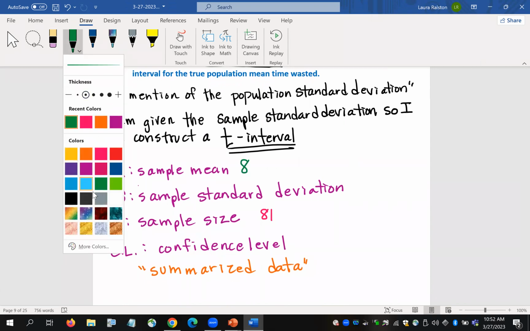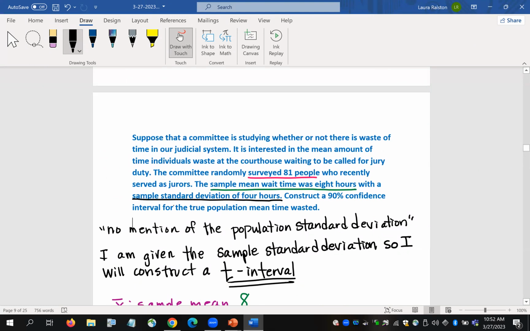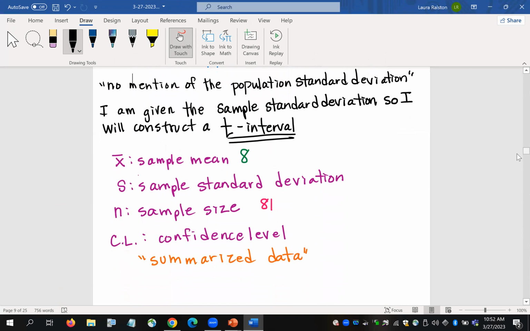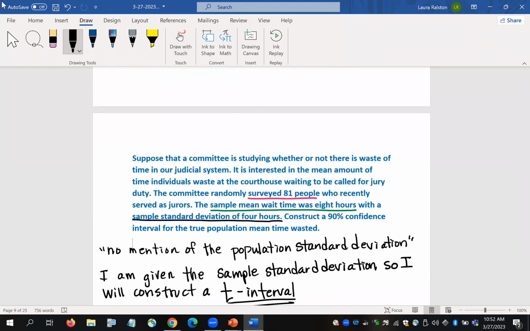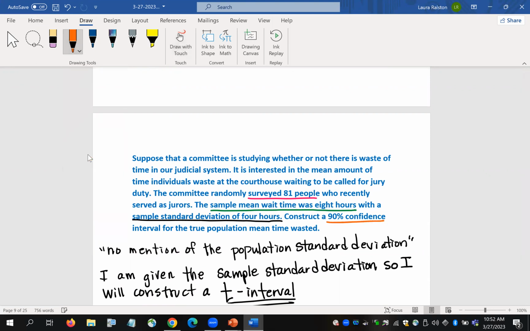With a sample standard deviation of 4 hours. So my sample standard deviation is 4. And it says construct a 90% confidence interval.